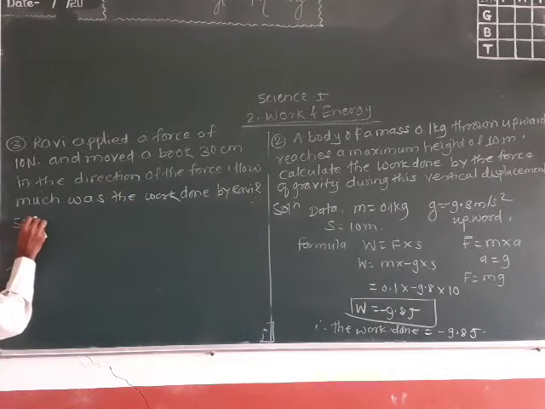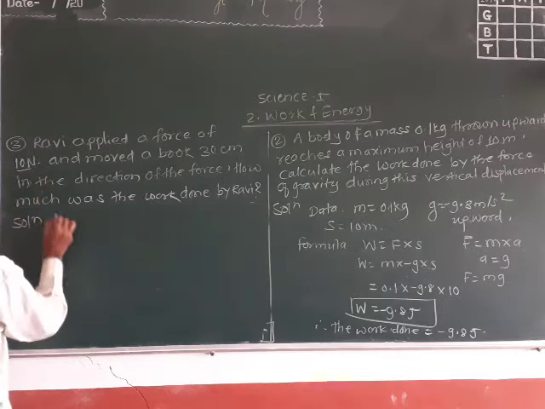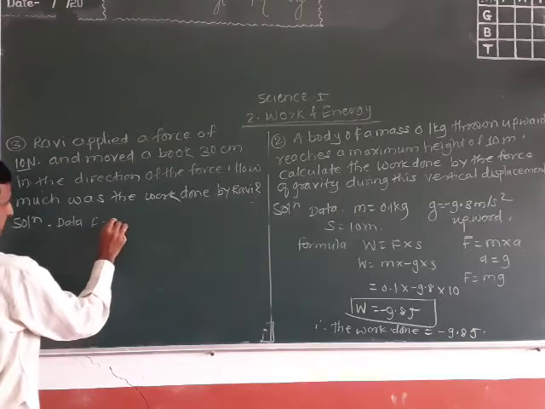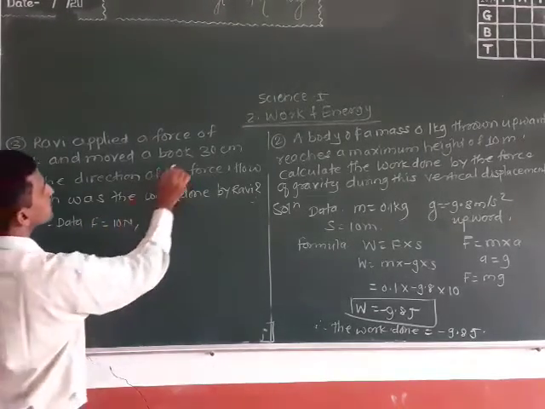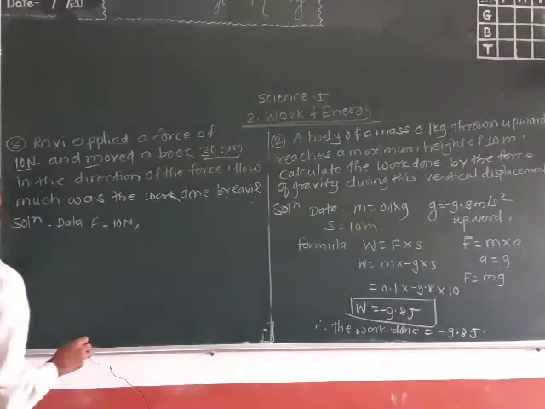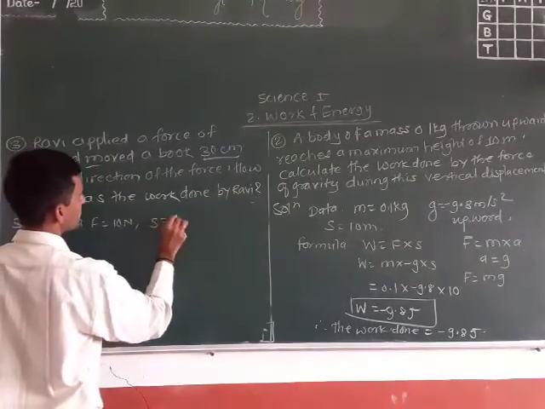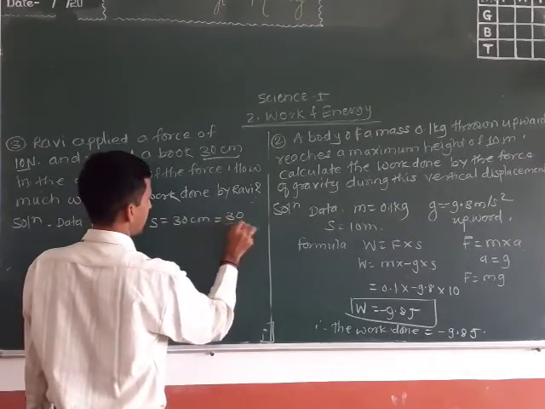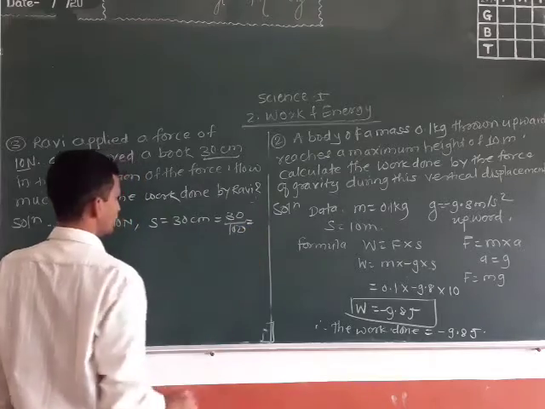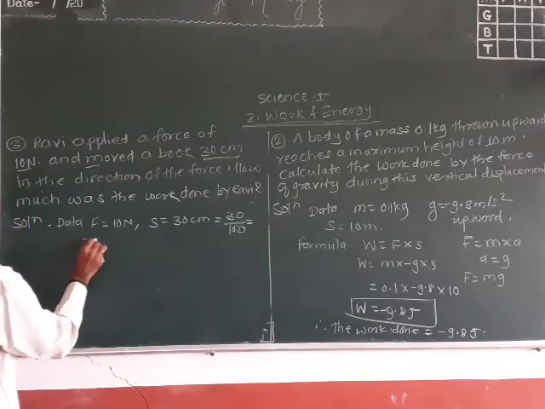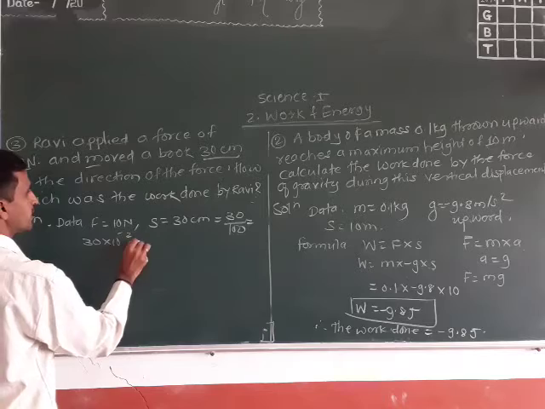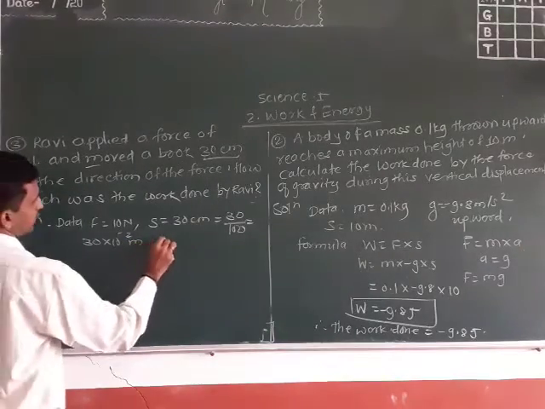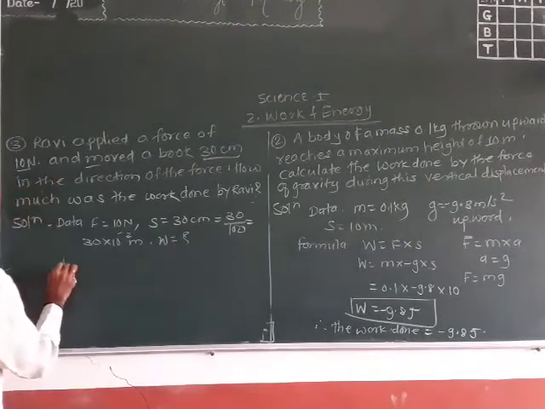Solution: data. Force is equal to 10 Newton and displacement s is equal to 30 centimeter, which is 30 divided by 100, equal to 30 into 10 raised to minus 2 meter, and find out W is equal to question mark.